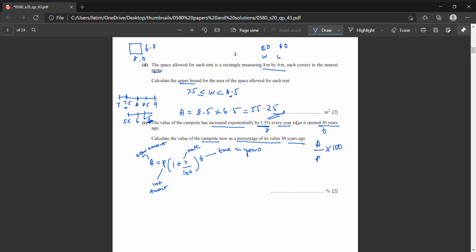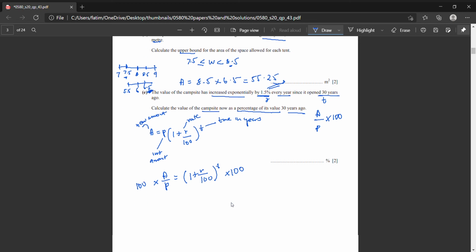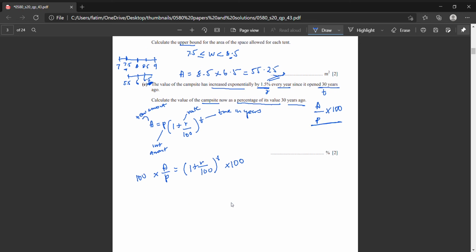Now, A by P over here is equal to (1 plus R upon 100) raised to T. And if you multiply this side of the equation by 100, obviously this side also has to be multiplied by 100. So essentially, to find the value of this, we just substitute our values in this equation. So 1 plus, what is R over here? 1.5 upon 100 raised to T, which is 30, and that into 100.